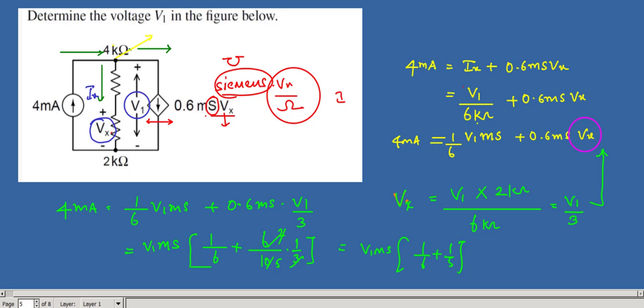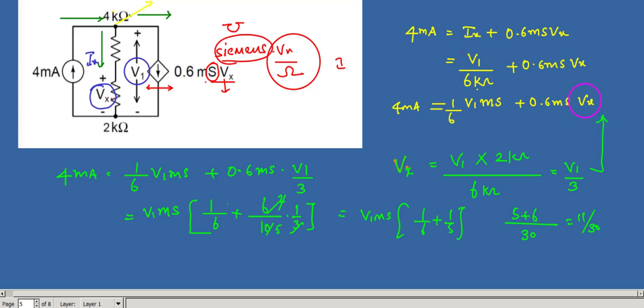Okay, so you take LCM, 6 5s 30, 1 by 6 plus 1 by 5 is 5 plus 6, 11 by 30, right. So if you solve this, 4 milliamperes equals V1 millisiemens into 11 by 30, milli cancel, V1 equal to 4 amperes into 30 by 11 Siemens.